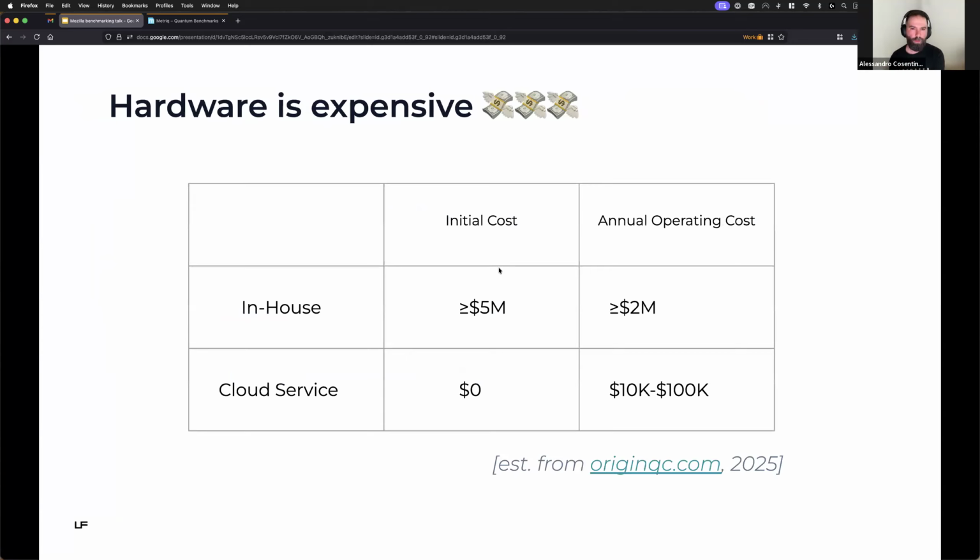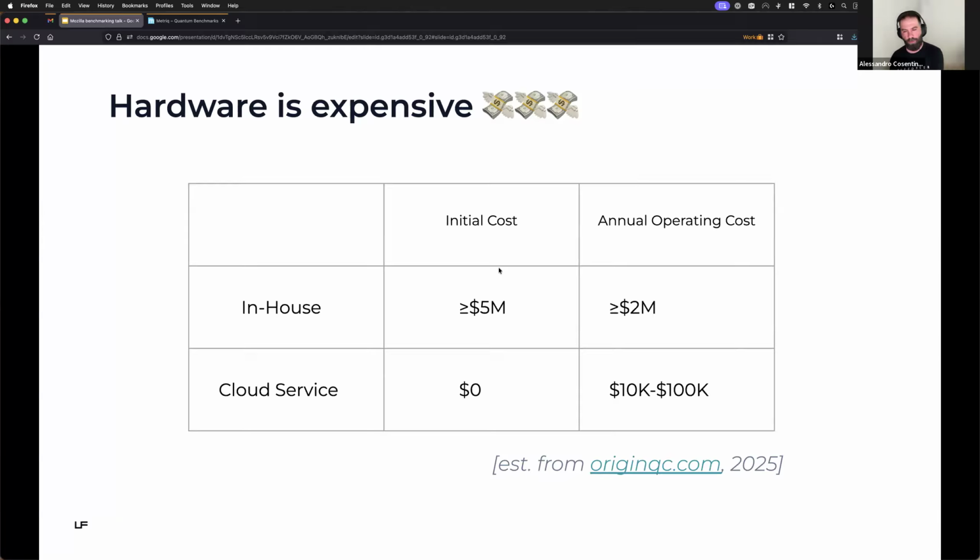One important thing, I already mentioned pricing. Hardware at the moment is very expensive. There are few machines around the world. This is an estimation of pricing I got from originqc.com, one of the Chinese quantum computer builders. This is a blog post from last year.